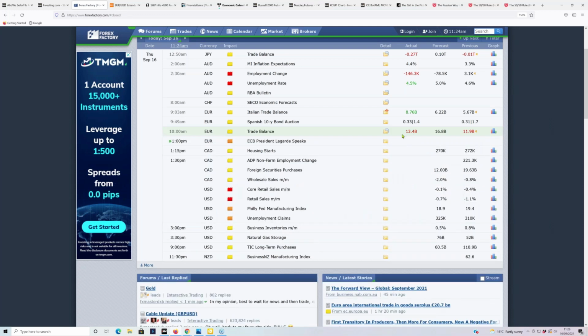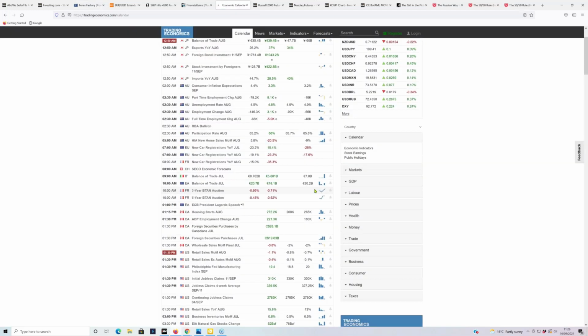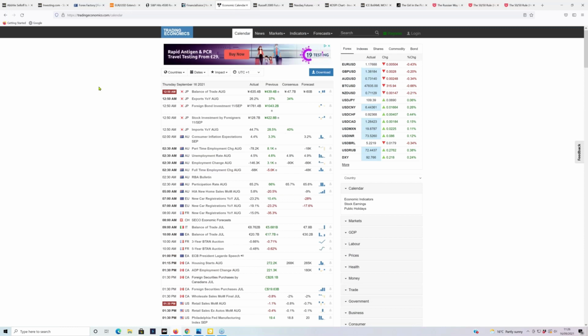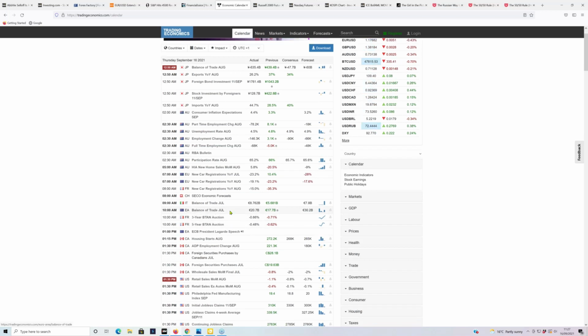Now, the market will react to this, but it was interesting that this morning, if you go to Trading Economics, you have many more releases. The important ones are in bold, and they also had the trade balance. But you say, well, that's a different number. Why is that a different number from Forex Factory? And the clue is dear old Forex Financial Juice.